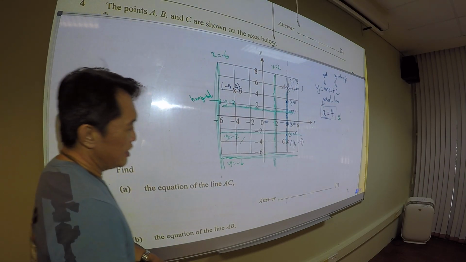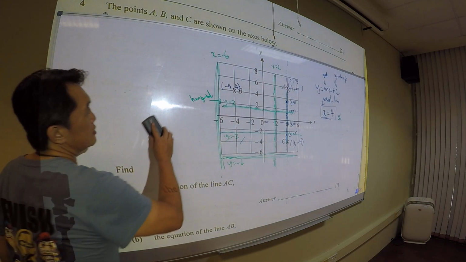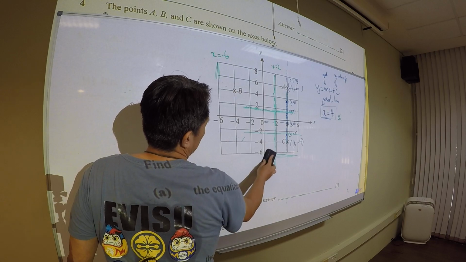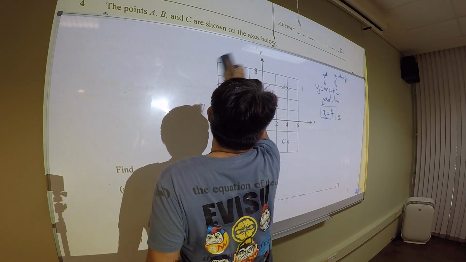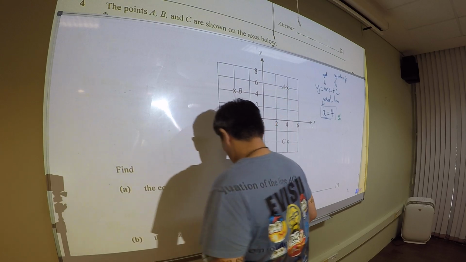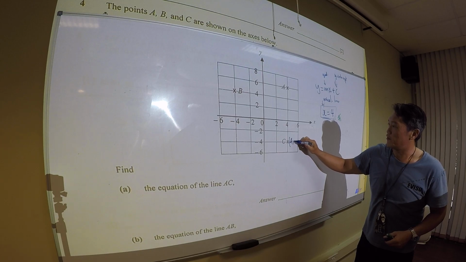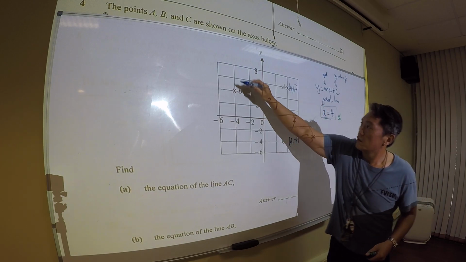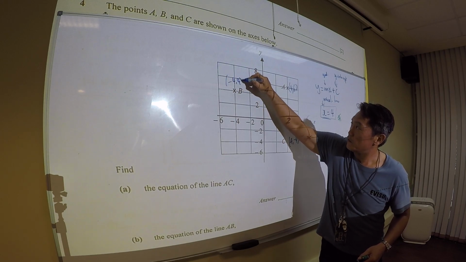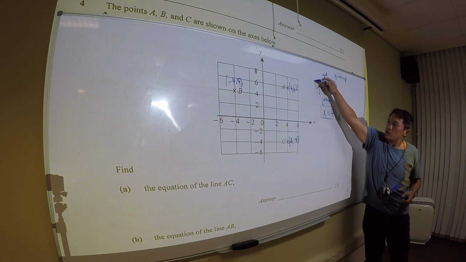So generally, straight lines will generally always follow y equals mx plus c.